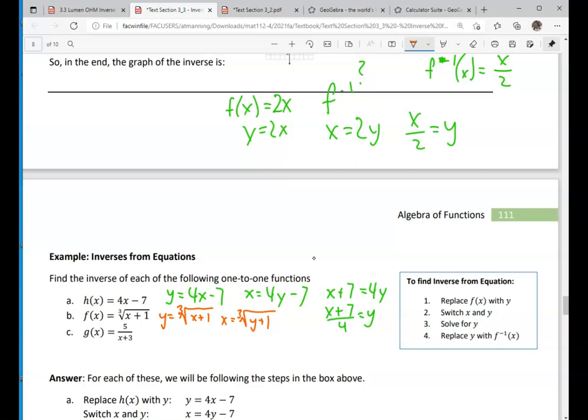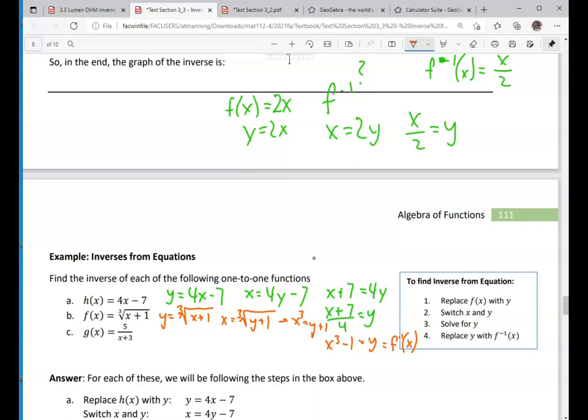Well, I better cube everything. X cubed equals y plus 1. And look at that. To get y by itself, just subtract 1 from everything, and I get x cubed minus 1 equals y. Oh, and I forgot to do that last step. Equals f inverse of x. X cubed minus 1, cube root of x plus 1.